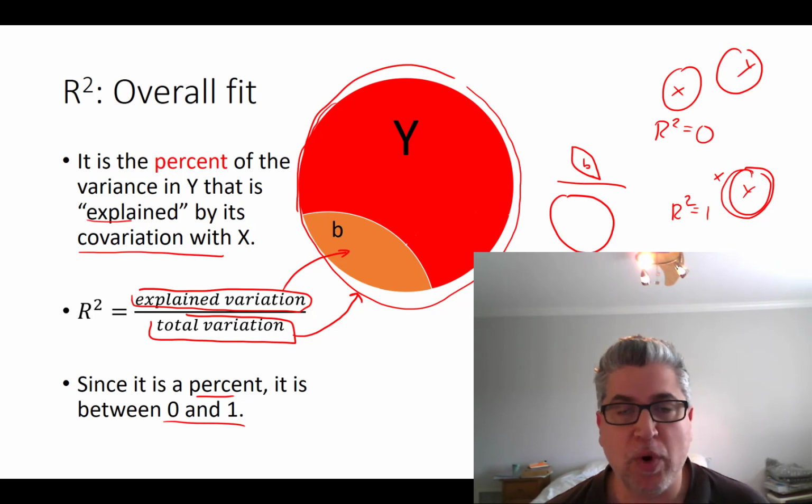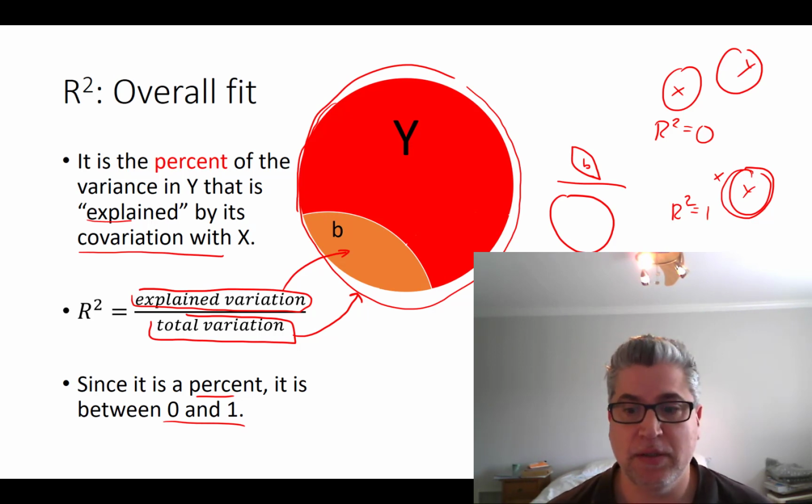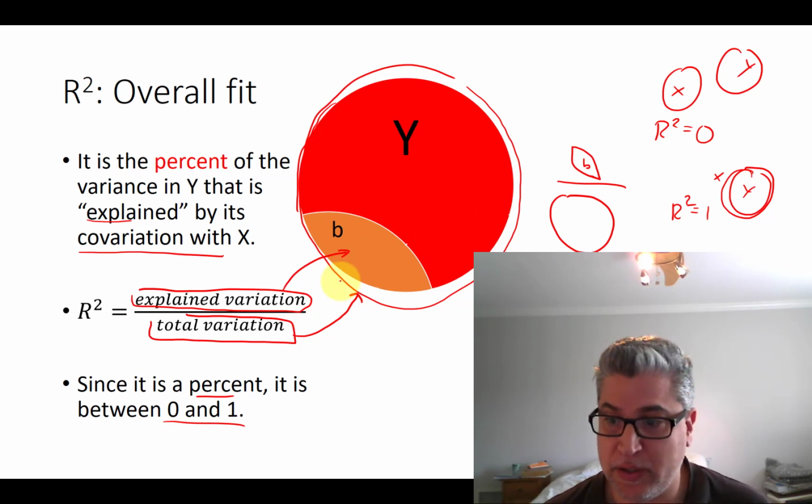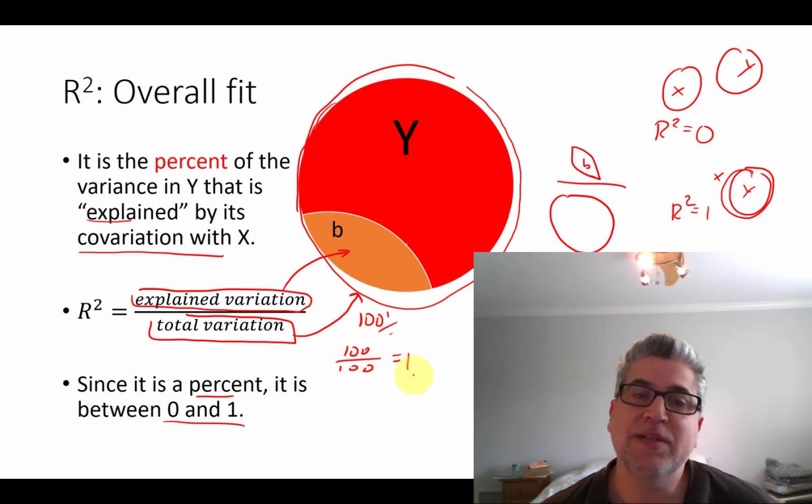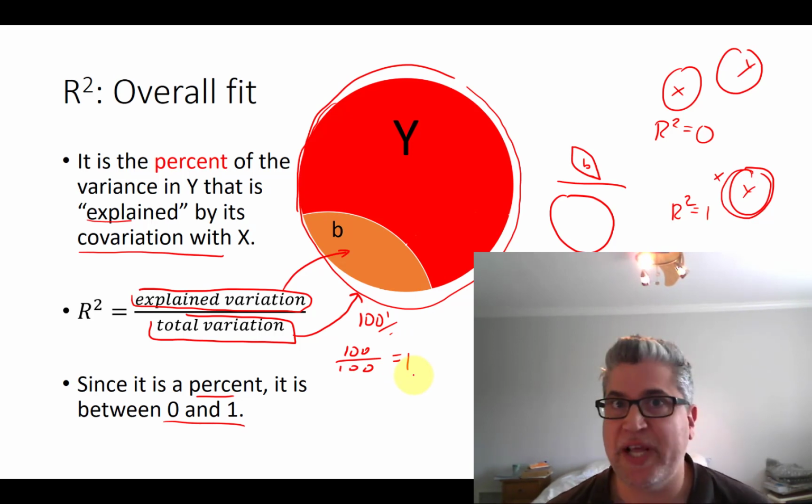We are perfectly 100% capable of predicting the price of the house. So our r squared would be 100%, or 1, because 100% is just 1. So that's the intuitive understanding of r squared. It's what percent of y can you replicate?